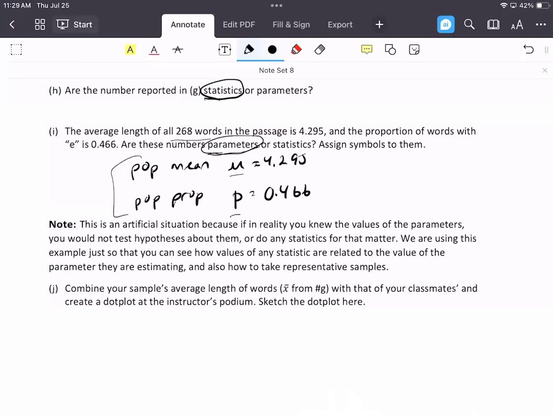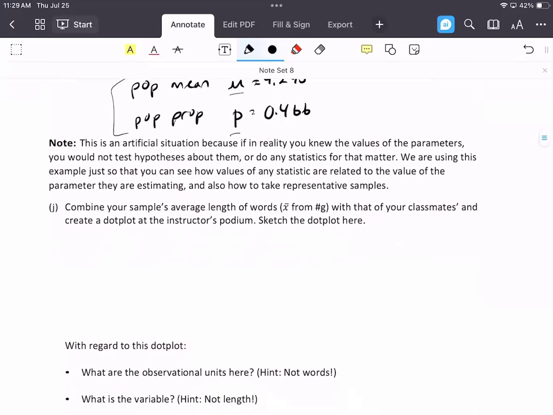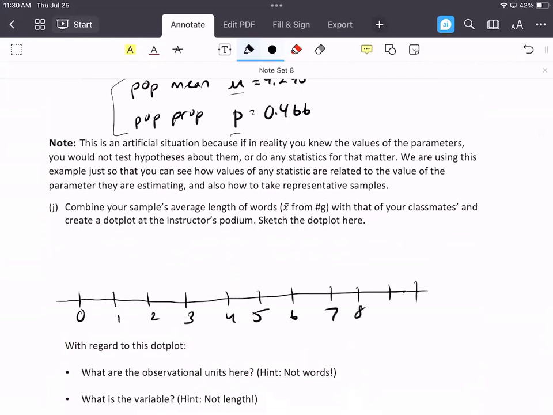So what I would do if we were in class is I would take a moment and have everyone come up. I'd have a line like this with 0 up through 10. And I would have you record your average on roughly where your average is.